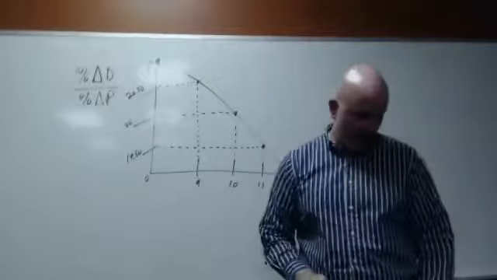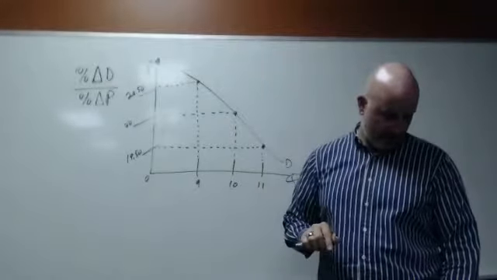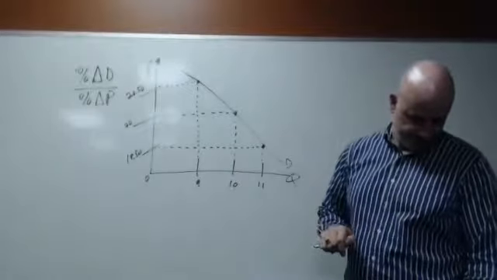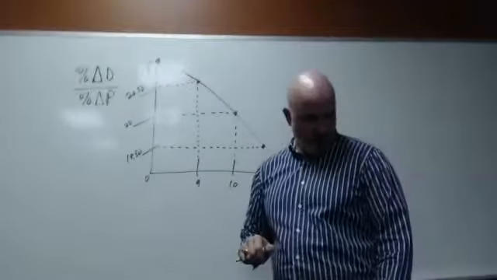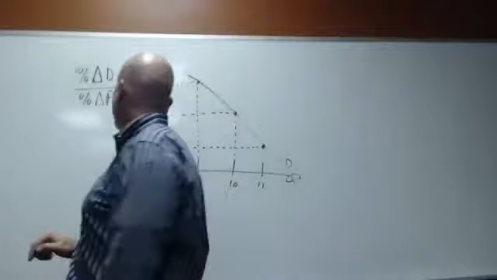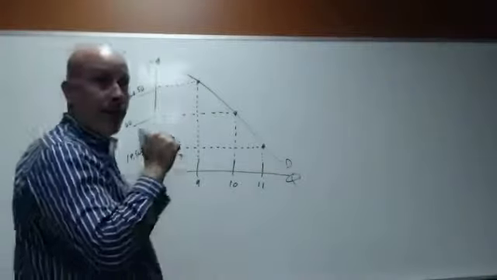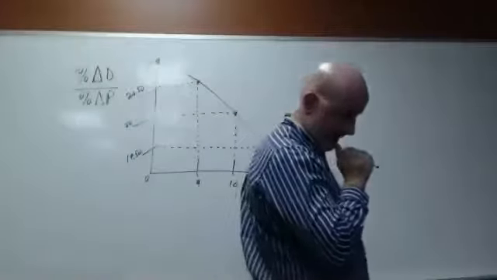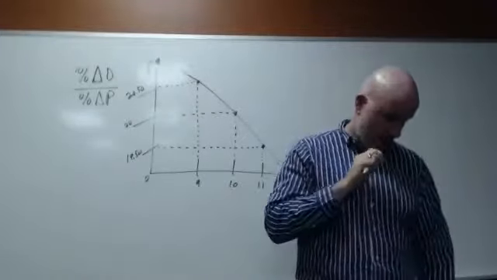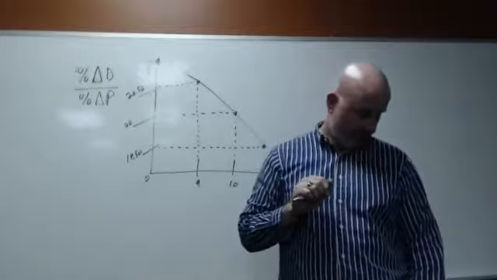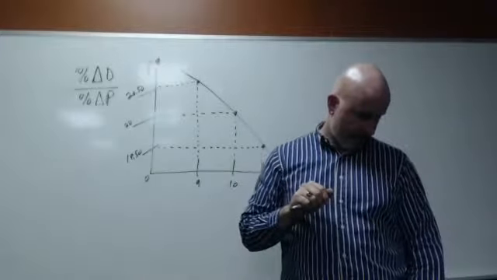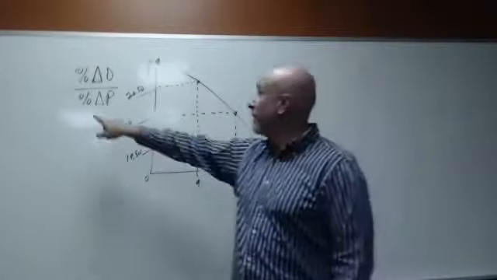So how would we solve the price elasticity of demand? What was the percent change in demand? Let's start with the numerator. The change in price was $1, and then the change in demand was 2 pizzas. But now remember, percent.